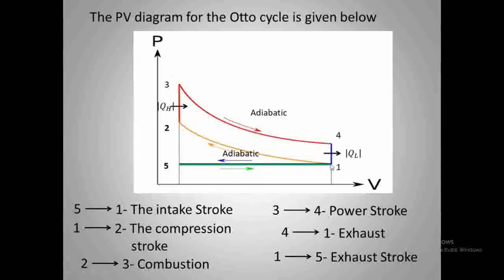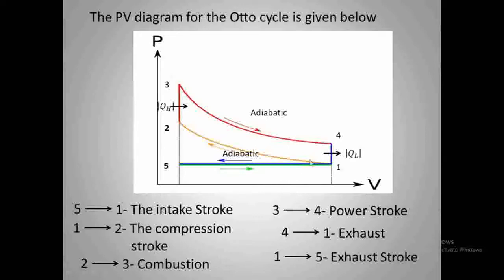Then 1 to 2, the next process, is a compression one. The second one is the compression stroke. During the compression stroke, the volume is changing, the pressure is changing, and the temperature is also changing. So it can be treated as an adiabatic process. Compression stroke is an adiabatic process.